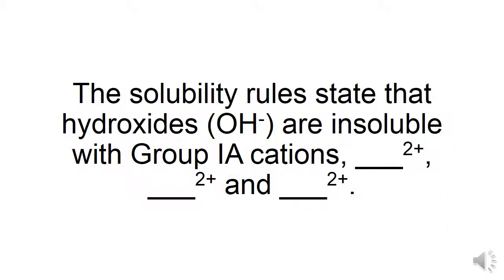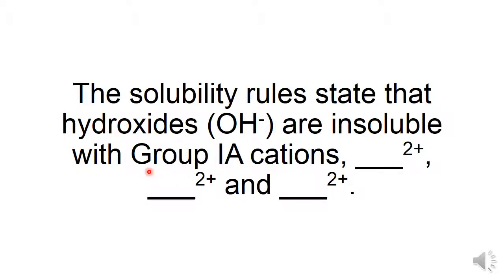The solubility rules state that hydroxides, OH negative, are insoluble with group 1A cations, blank 2 plus, blank 2 plus, and blank 2 plus. So these are probably some group 2A cations or alkaline earth metals.